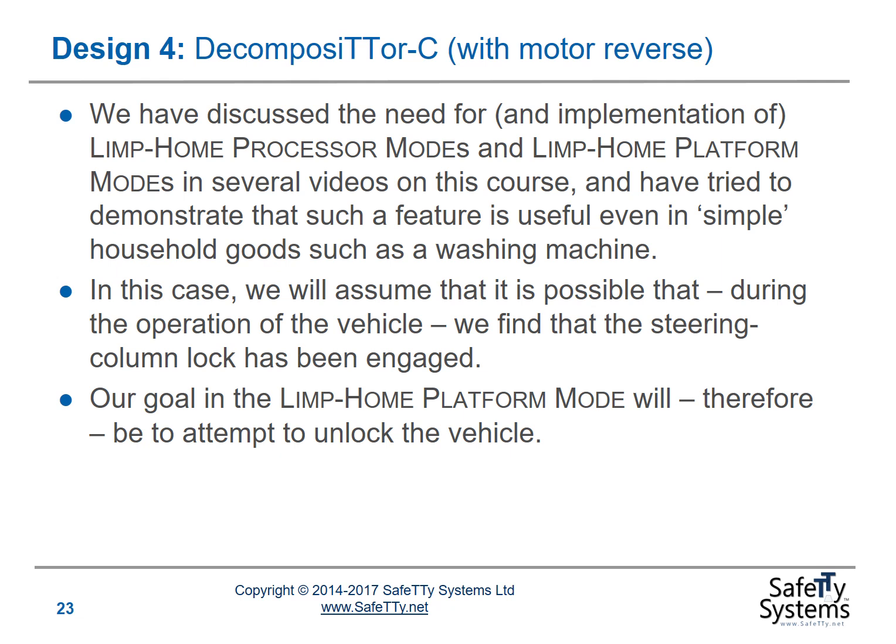So in the washing machine example, not in the video but in the book, we discussed the possibility that we would use a limp home mode in the washing machine to allow the customer to drain the drum in the event of a problem. This would mean that the customer didn't have to prise open the door and be left with a large puddle of water on the floor in the event of a failure of the washing machine circuit.